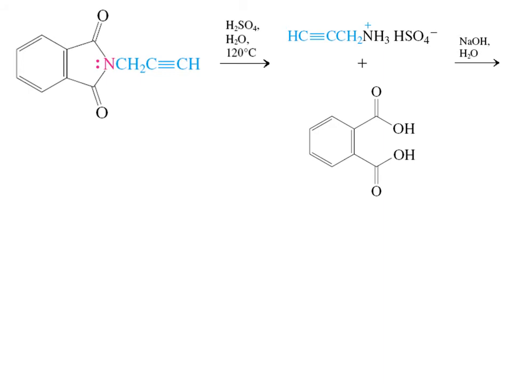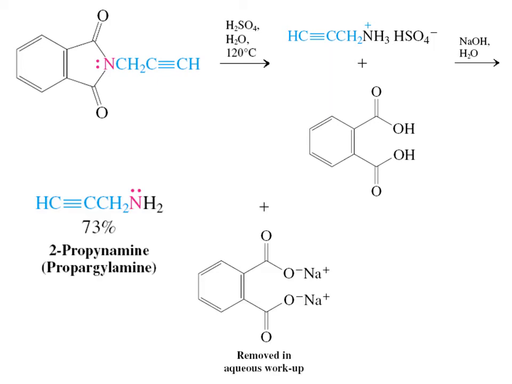We can then kick off that entire group using acid, so we break up that lactone, and then we're left with our amine with whatever R group we added during step 3. Based on the conditions, you have that other half of your molecule that's going to be removed because it's charged.